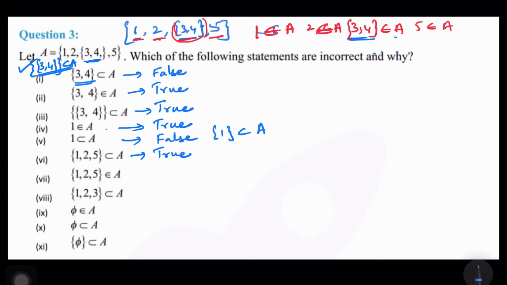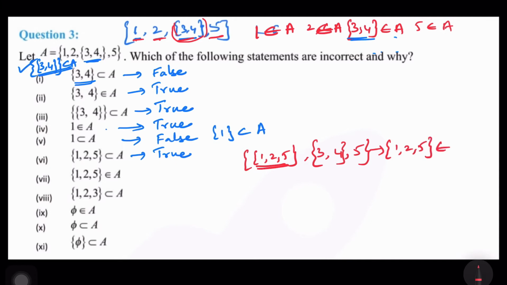Next, {1, 2, 5} belongs to A. Now suppose the set A was written with {1, 2, 5} in separate braces, and then {3, 4}, and 5. Then you can say that {1, 2, 5} belongs to A, as an element.